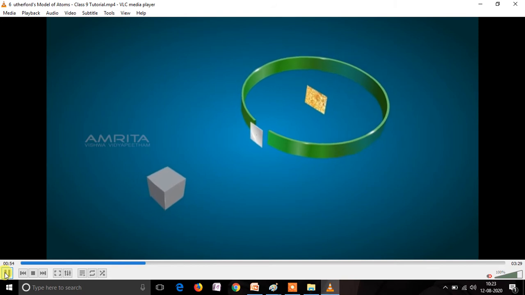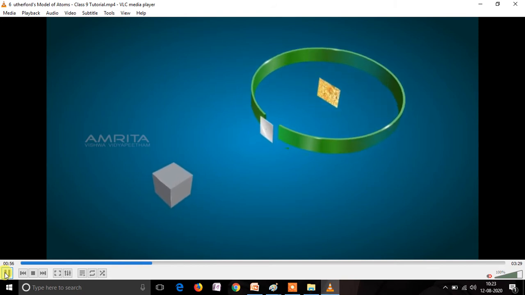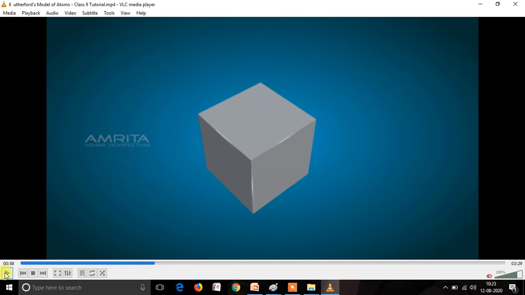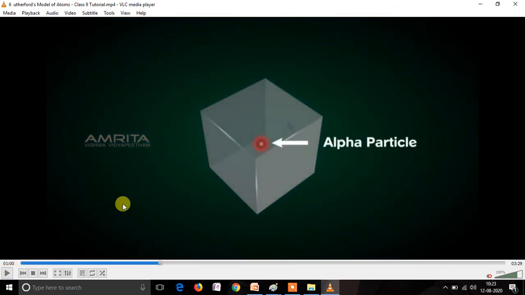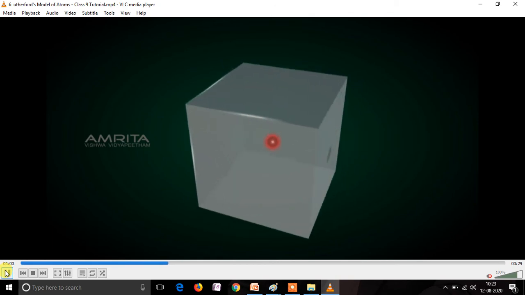He took a radioactive substance and placed it in a box made of lead. The radioactive substance inside the lead box produced positively charged alpha particles. These alpha particles have sufficient kinetic energy, and they move in a zigzag manner inside the box.